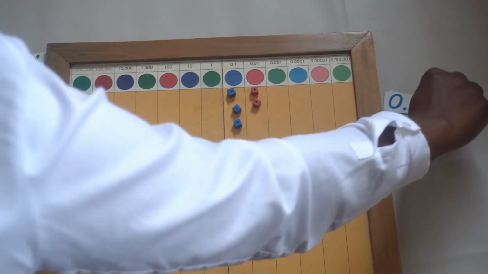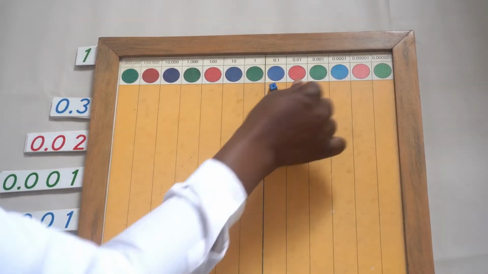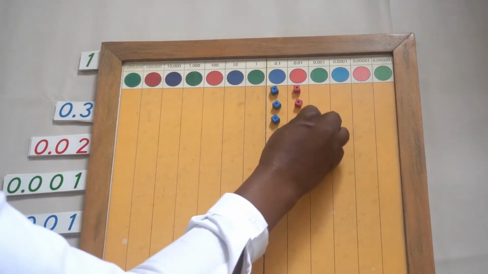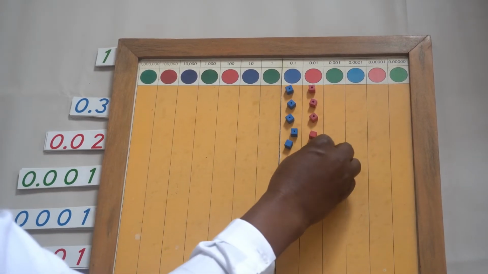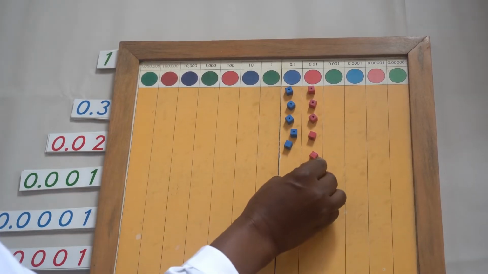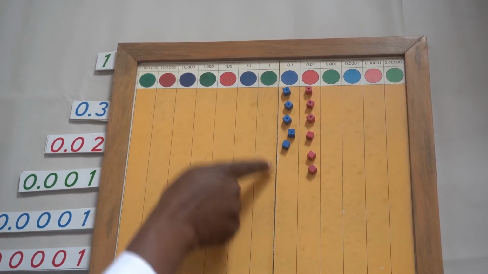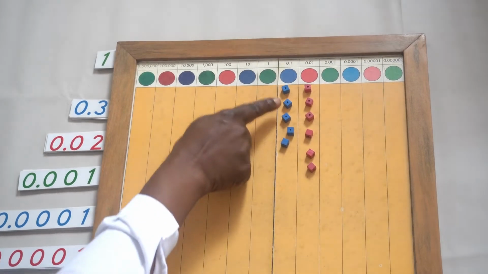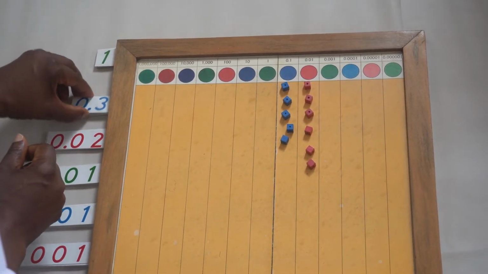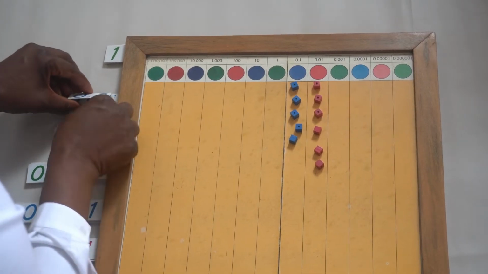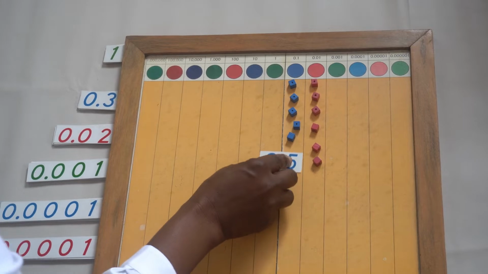Suppose I change my quantities. So I have 5 tenths here and I have 6 hundredths here. So how am I going to read that? I go to the tenths category, I look for 1, 2, 3, 4, 5 tenths.